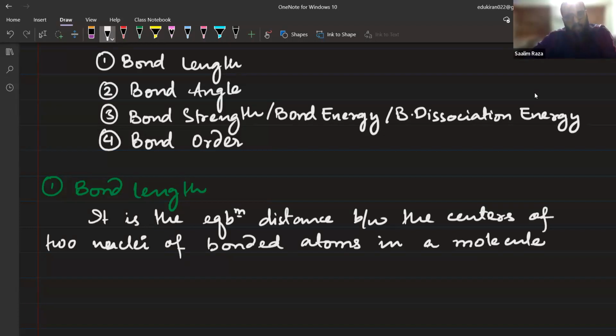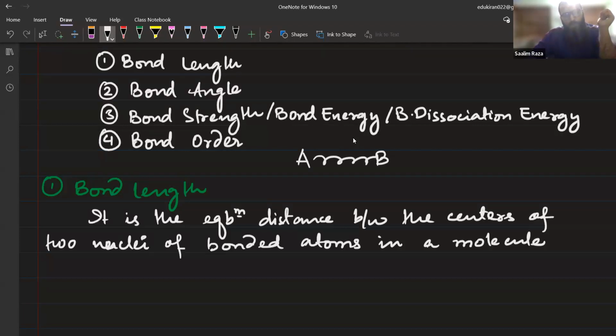If you are wondering what equilibrium distance is: when we have a bond between A and B, this bond is not a typical fixed thing. It is more like a spring. A and B are attached with a spring, so they can wiggle a bit. There is some movement which can happen in a bond.